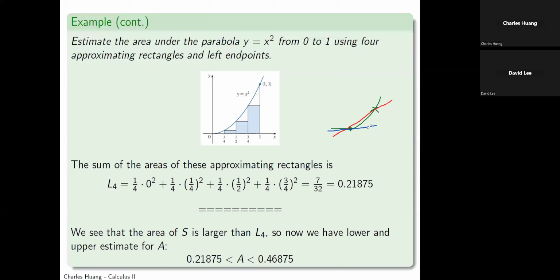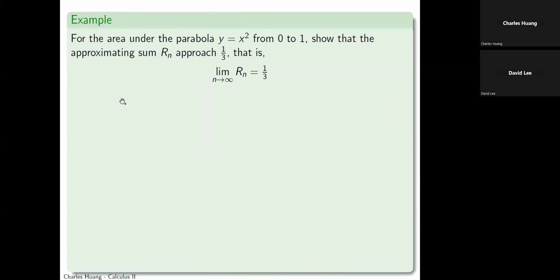And for us to turn that into the real answer, we're going to do some limits. And of course, we learned limits before, so we don't have to spend 2 or 3 weeks teaching you limits. And so here, this is the limit. We're going to ask you to show that the real area is going to be about 1/3.